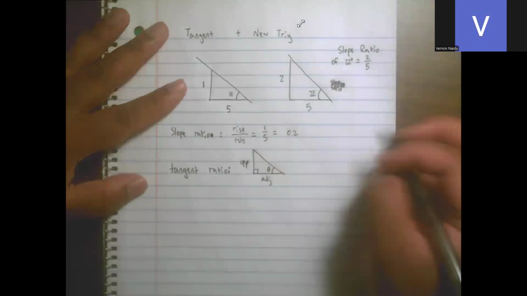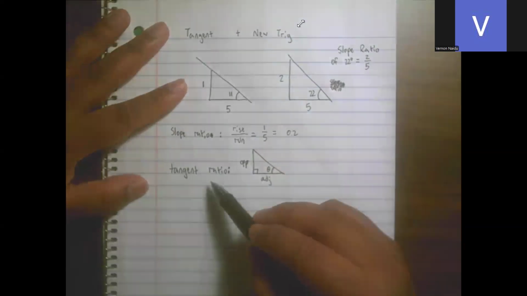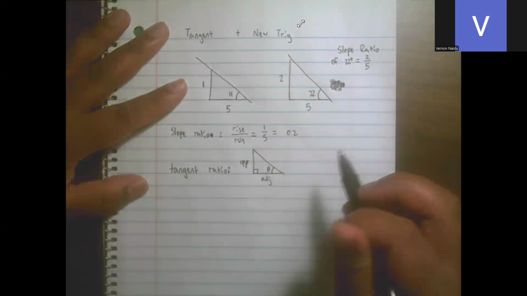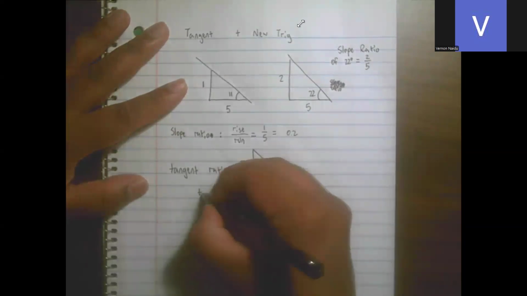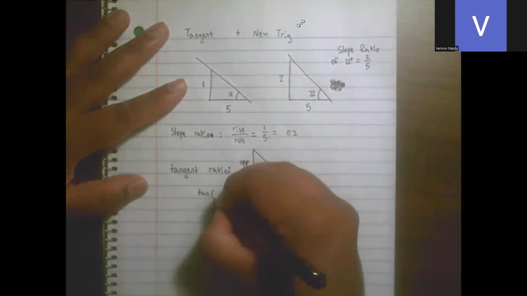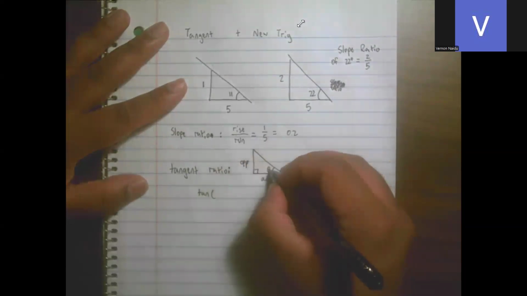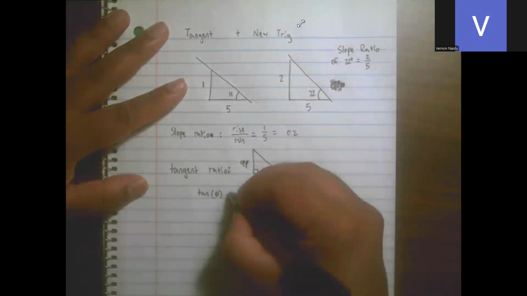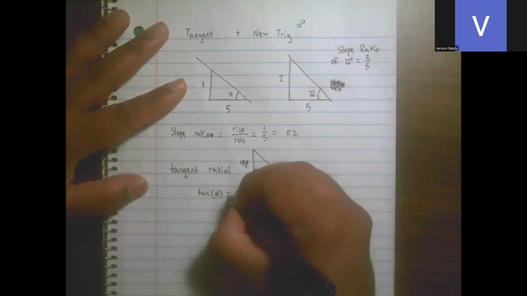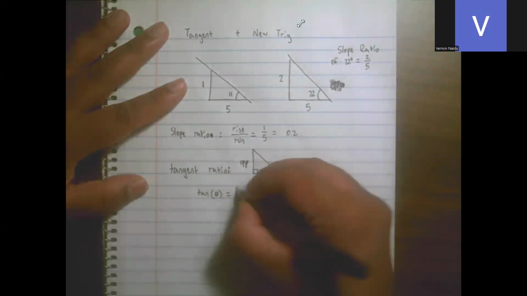So the tangent ratio, we use this thing which was like the tangent function. If you take the tangent, in this case tan, of that theta, that value would give you the slope ratio of the opposite side over the adjacent side.